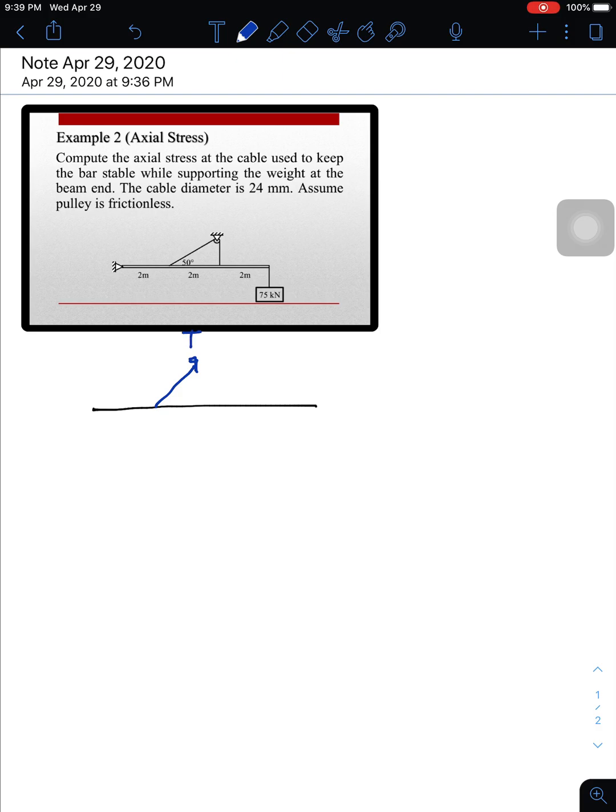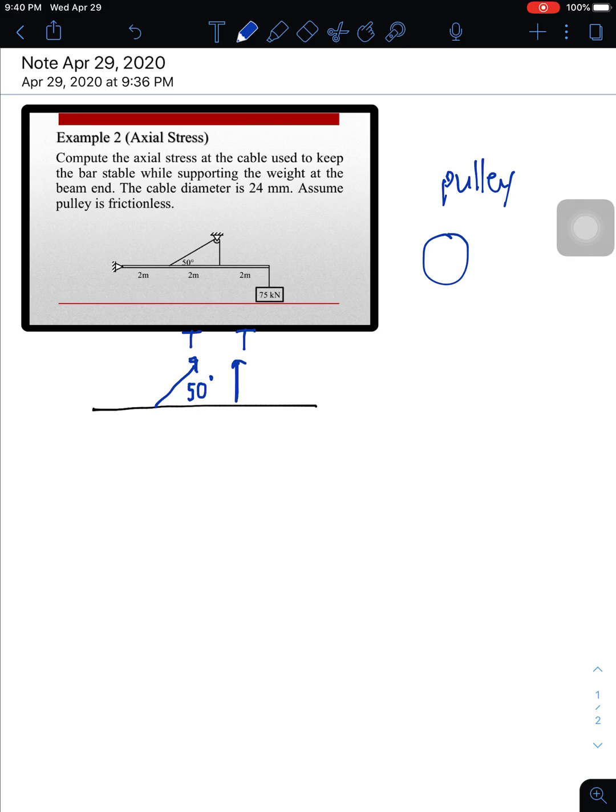And by the way, this is 50 degrees. And then you have another tension here. We call it the same tension. Why? Because of the concept of the pulley. It says here that the pulley is frictionless.